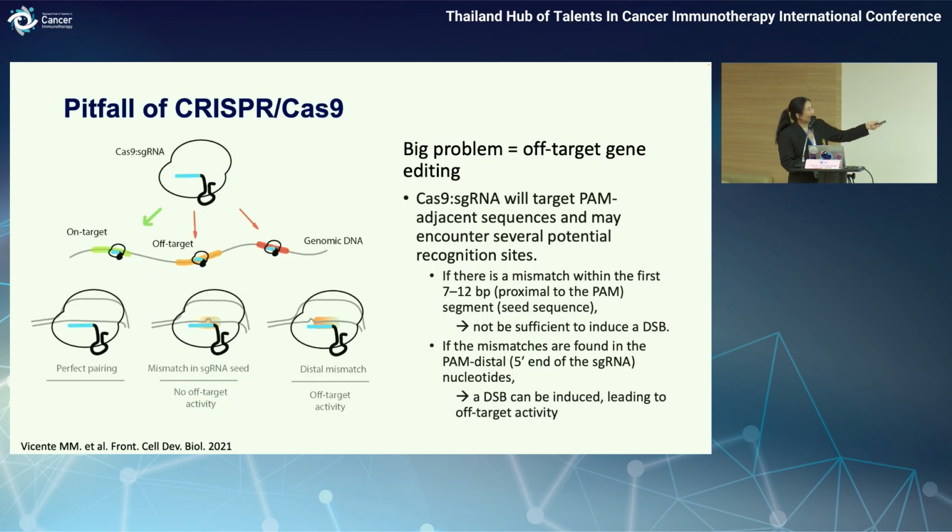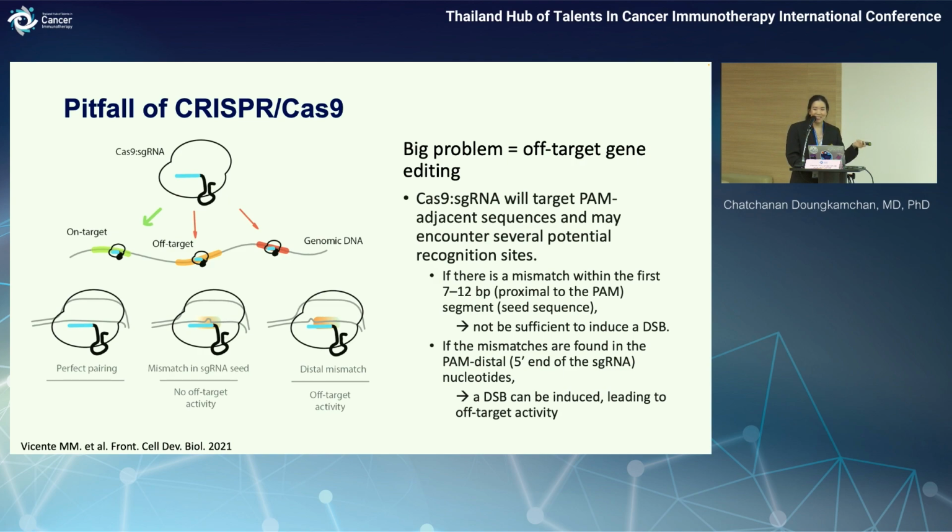Yeah, so the pitfall of CRISPR-Cas9, as everyone has heard before repeatedly, is that the big problem is off-target gene editing. The reason is that the protospacer sequence is only 20 nucleotides long, and that's about the same length as a primer.